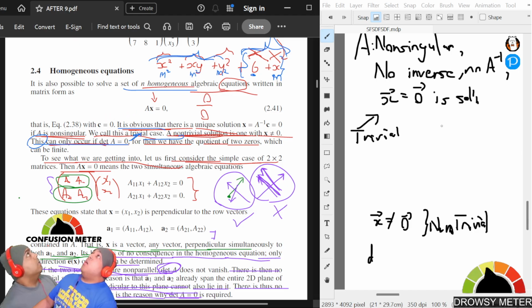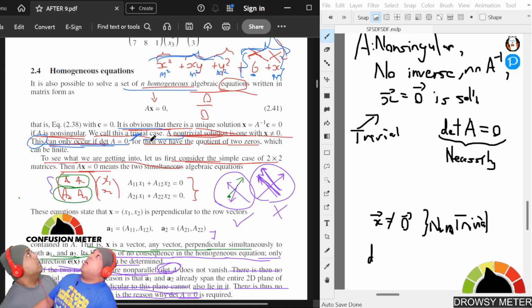So I assume that's for the trivial one. And I think this is a necessity, because this can only occur if determinant A equals 0.